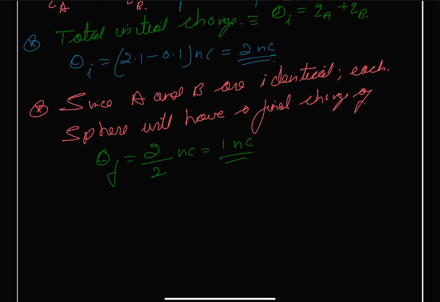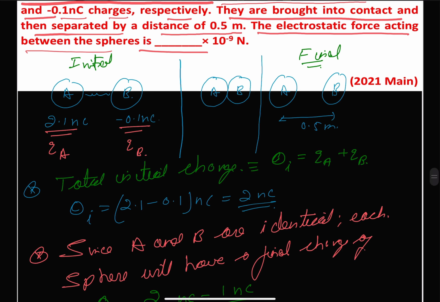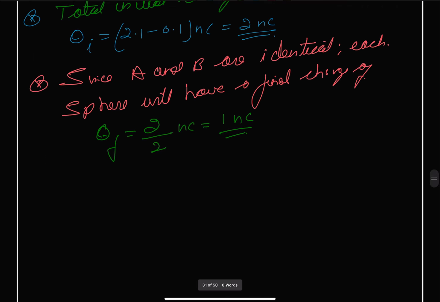So final charge, let us suppose we call this as Qa prime and this is our Qb prime. Therefore we can say that our Qa prime will be equal to Qb prime is equal to 1 nanocoulomb.